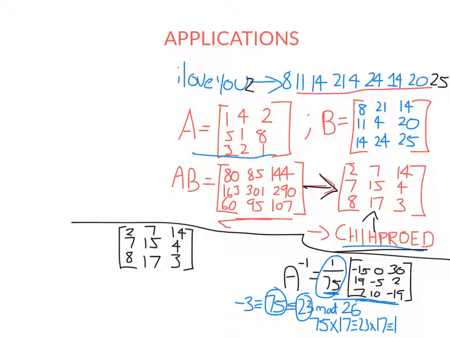So for that reason, the determinant of A, the coding matrix, needs to be a number that's co-prime to 26 so that it has an inverse modulo 26. That, of course, limits our choices for matrices. What some people will do is use the 26 letters and then introduce 3 more characters.